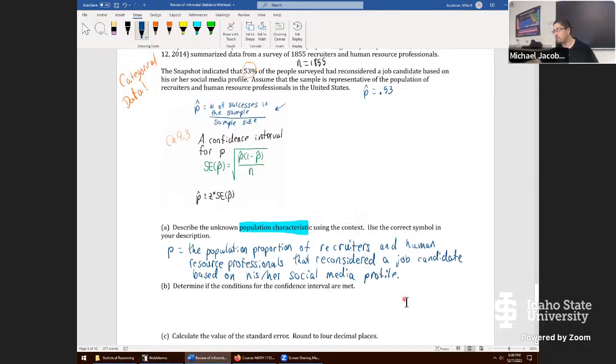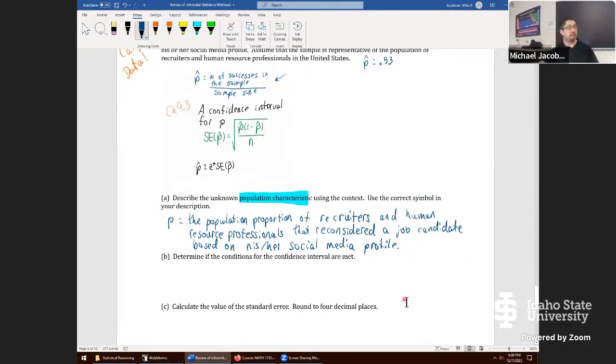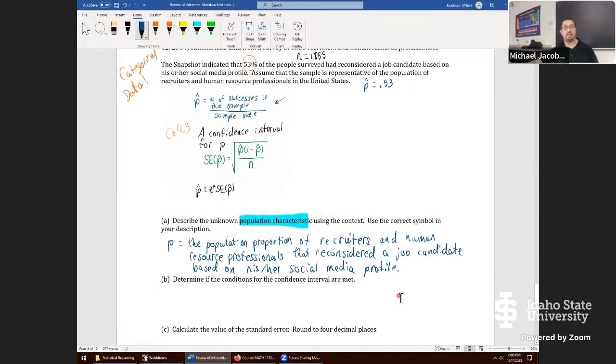Next, we need to see if the conditions are met, but we're doing a confidence interval this time, and so the way the conditions are met change a little bit. Let's first take a look at this statement. They said, assume the sample is representative of those human resource workers and job recruiters. So we at least know we have a representative sample.